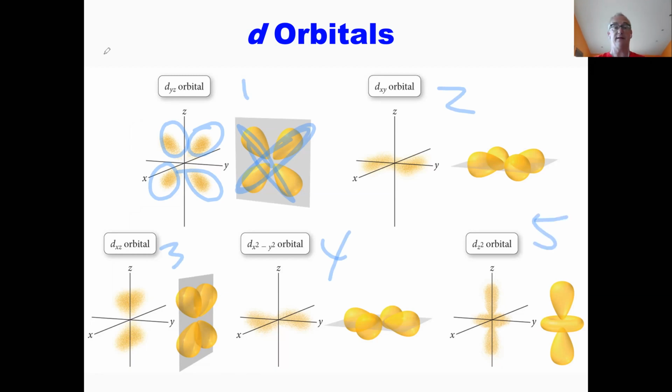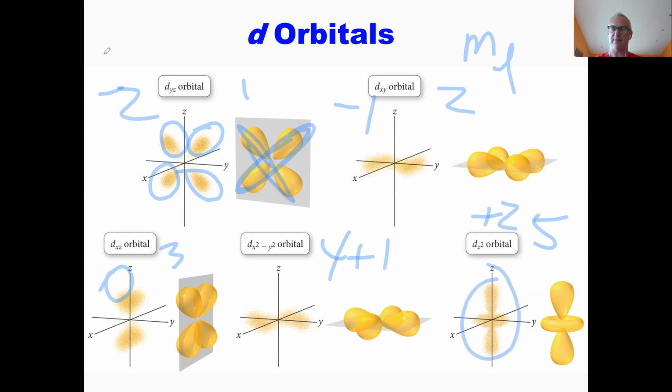Remember, we can also think of these as -2, -1, 0, +1, +2. That's what those numbers mean. That's what the m sub l means. It designates each one of these individual shapes. So the first 4 make some sense, and then this last one is a really weird looking shape.